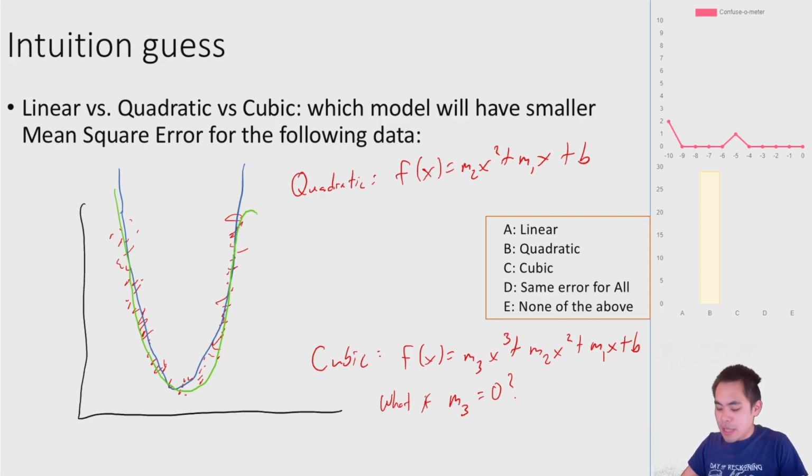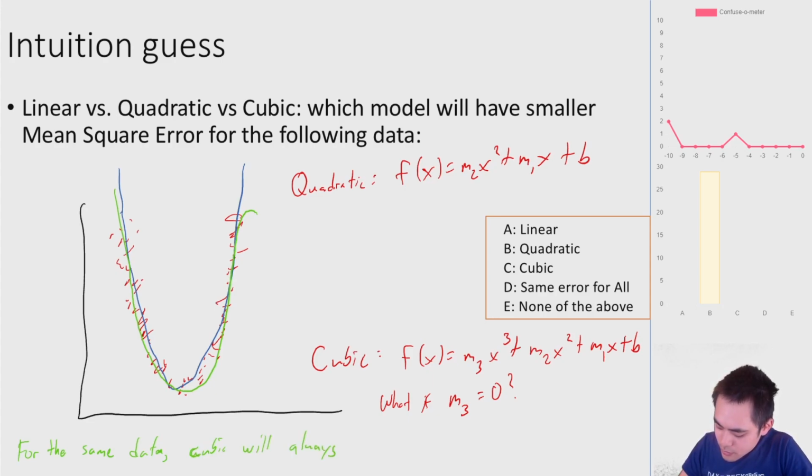So it turns out that for the same data, cubic will always have no higher error than quadratic.